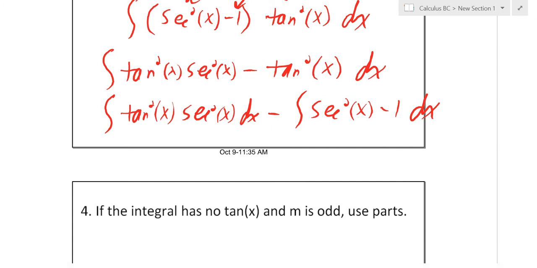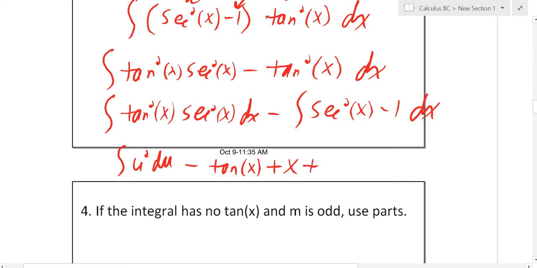U is tan, du is secant squared. So that's going to become the integral of u squared du minus, if you integrate secant squared, you get tan. And if you integrate 1, you get x, and it's going to be really plus x. So I just integrated that second thing, and I distributed the negative into it, okay?